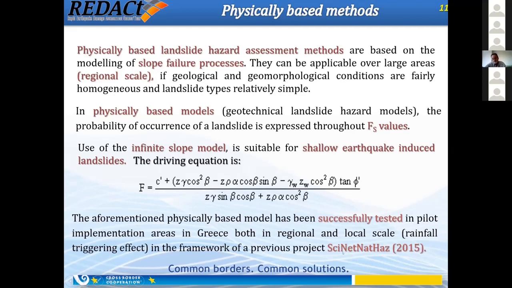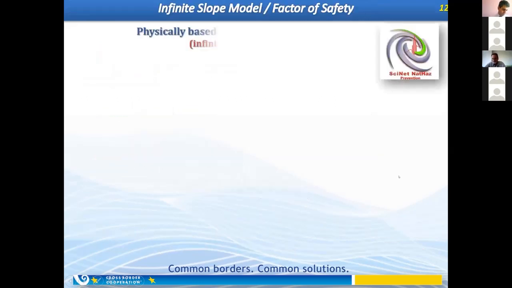I have to underline that this method has been successfully tested in a pilot implementation area in Greece at regional and local scale, but only for the rainfall triggering effect, not for the seismic triggering effect, in the framework of a previous project named SINET-NATHAS, which ended in 2015.